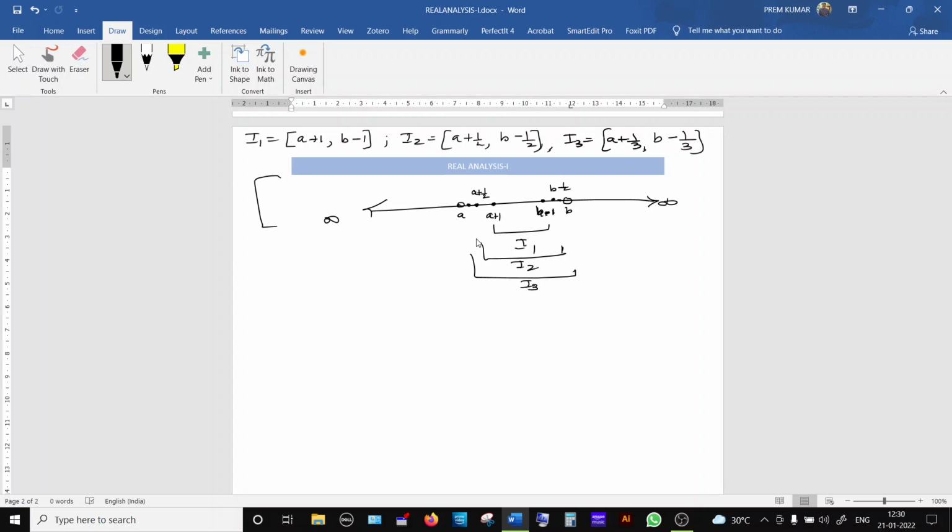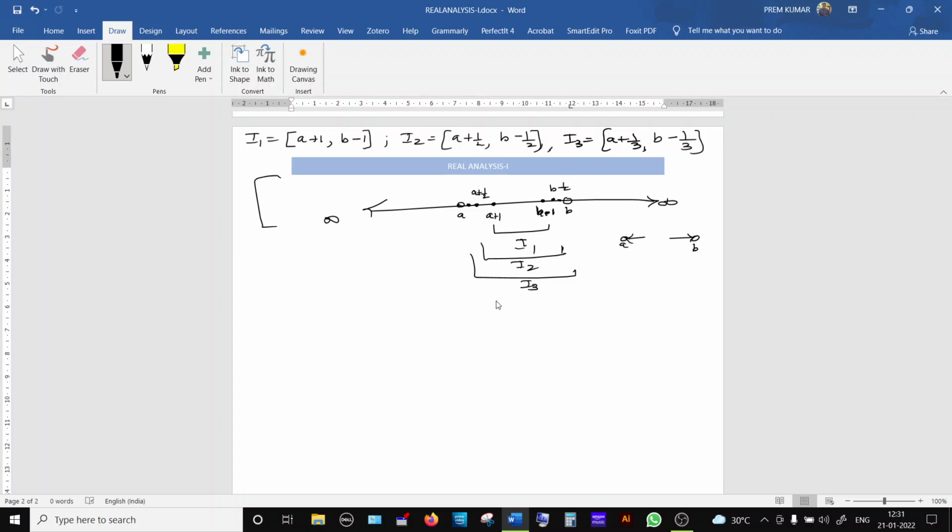So if n tends to infinity, the lower limit of these intervals, when n is large, comes very close to a, and the upper limit of any interval, when n is large, comes very close to b, but it won't reach b.